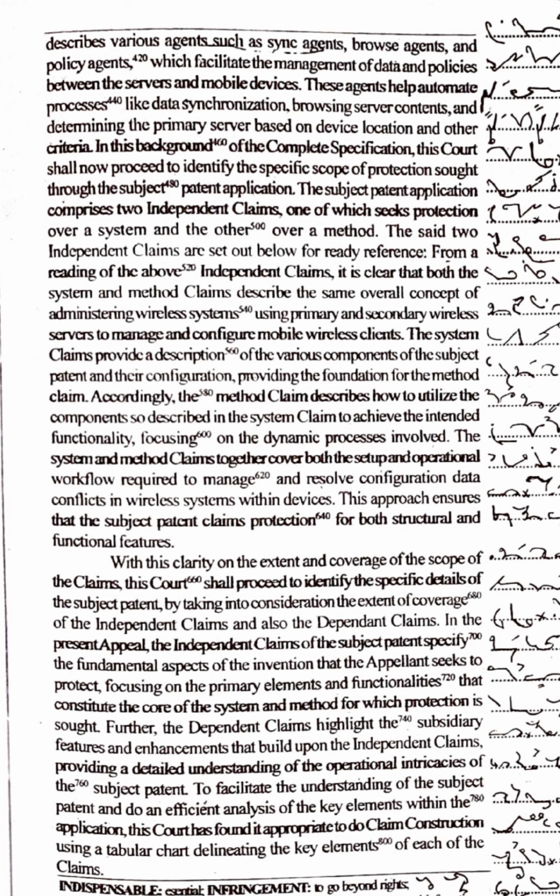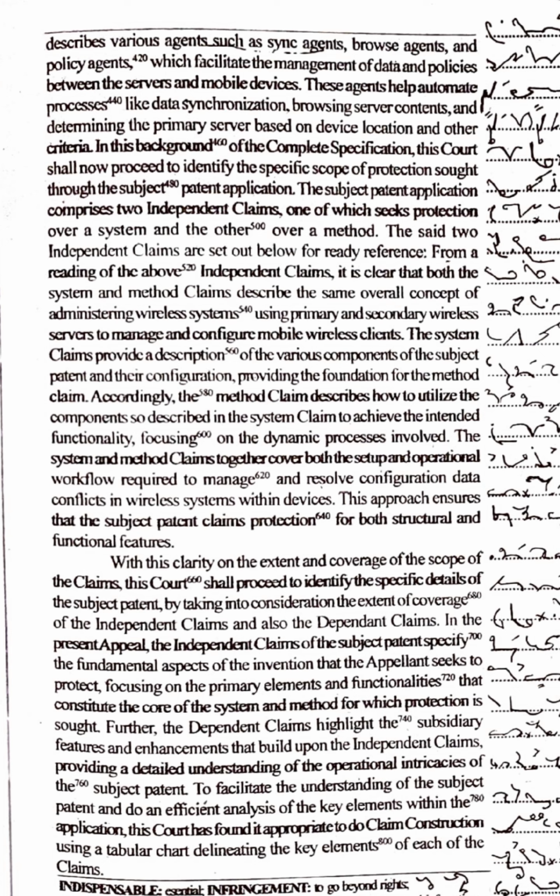Agent and synchronization features. The specification describes various agents such as sync agents, browse agents and policy agents which facilitate the management of data and policies between the servers and mobile devices.